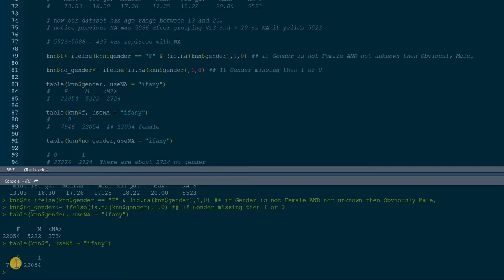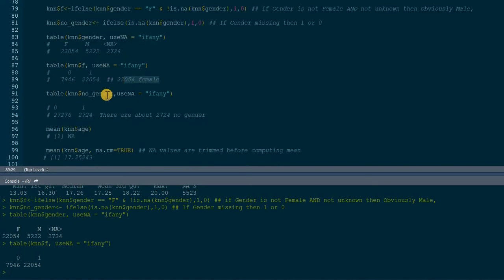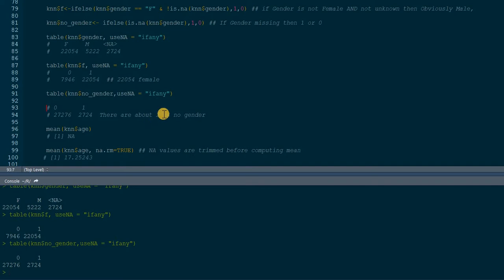Sorry, males. If you were to remove NAs, it will give us about 7,900 something, which is male, and about 22,054 are female in our data set. Same with the gender.